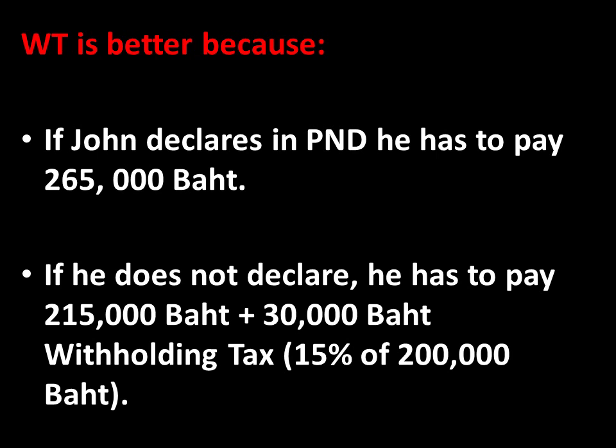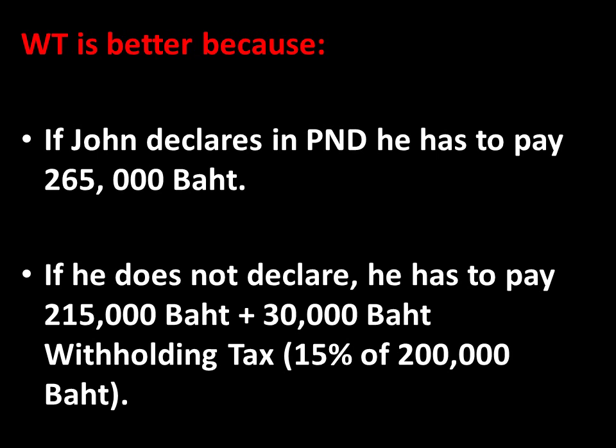However, if he decides to pay taxes two times, employment and rent in the Por Ngor Dor, interest in the withholding tax, altogether he will have to pay 215,000 baht plus 30,000 baht. Altogether he has to pay 245,000 baht, which is lower than 265,000 baht. This is why it is better if John pays taxes twice.